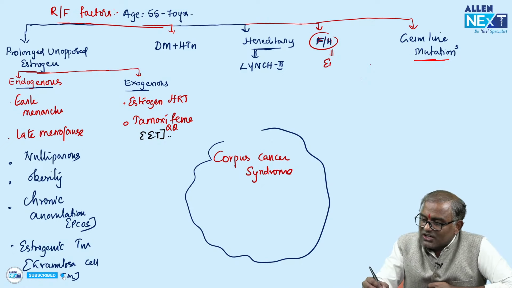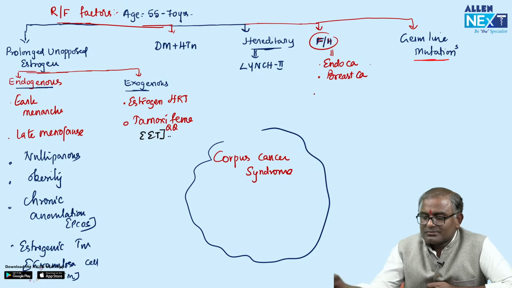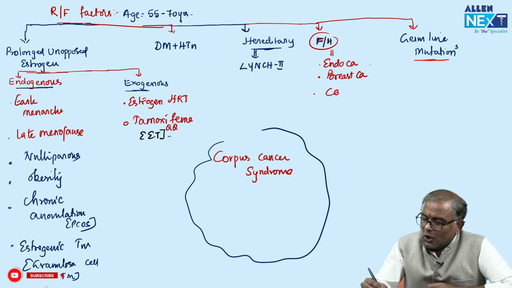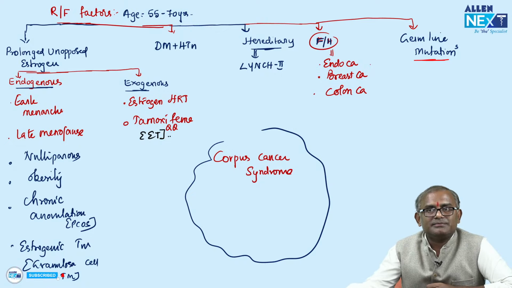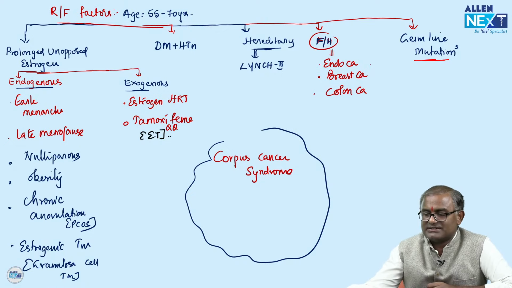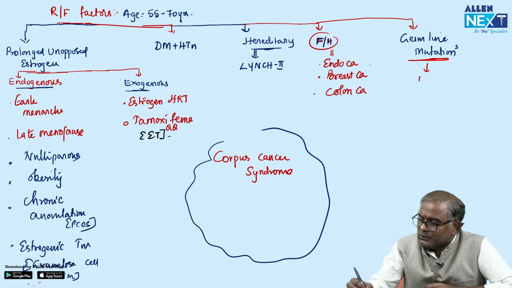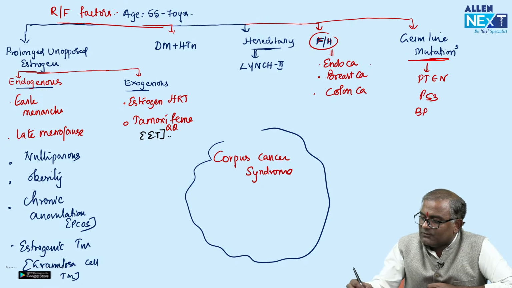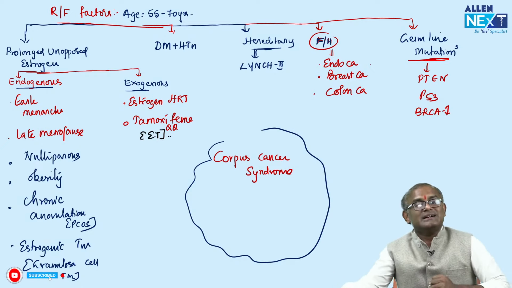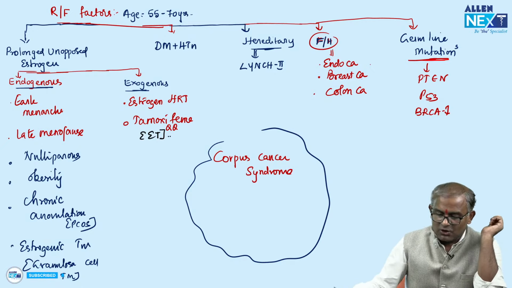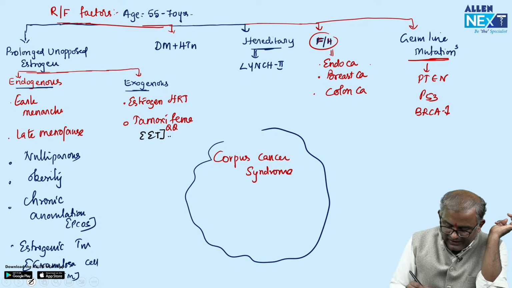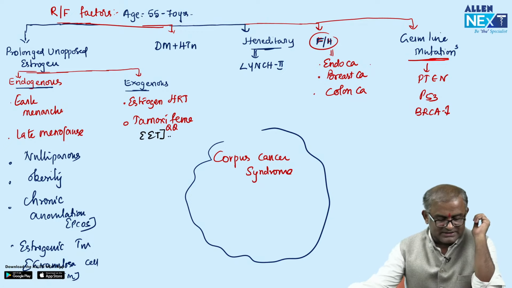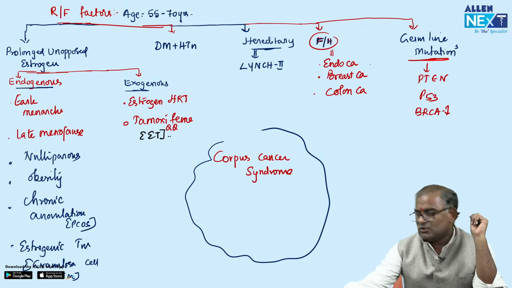Family history of endometrial CA, breast CA, colon cancer, and germline mutations of PTEN, P53, BRCA1. So these are all the risk factors. Please make a note of it. These are all the risk factors for endometrial CA.